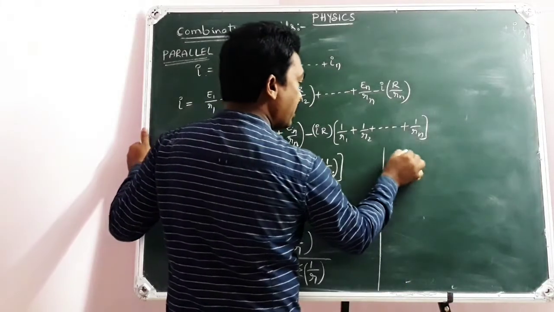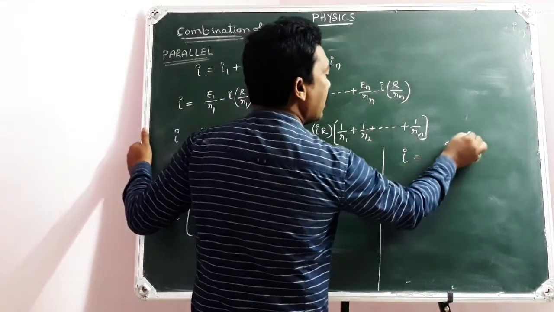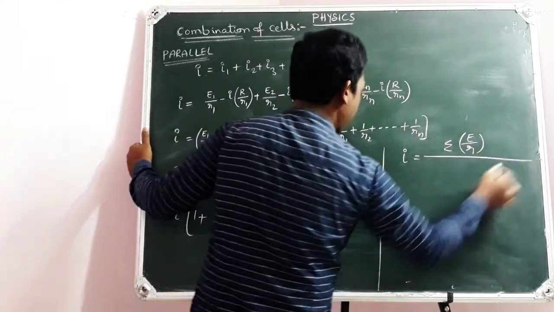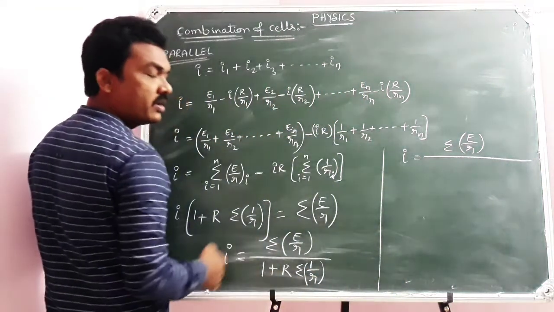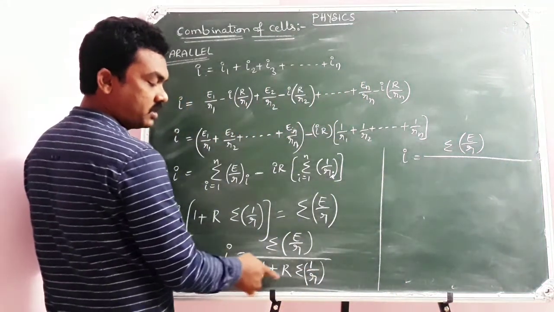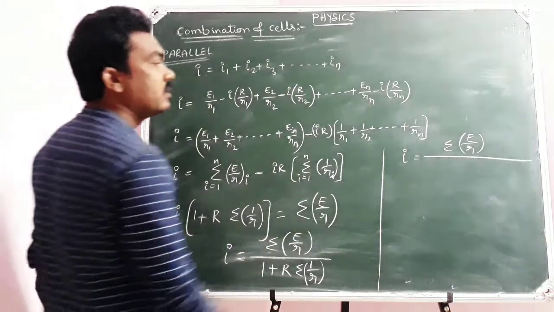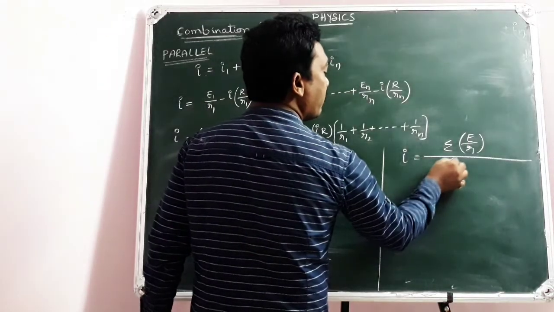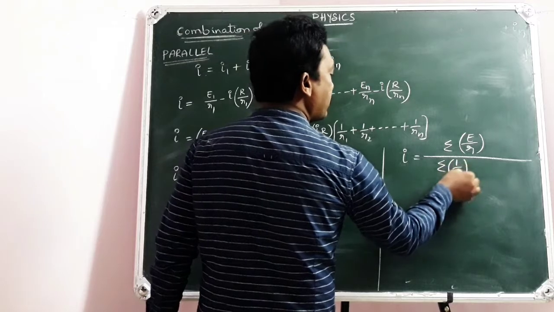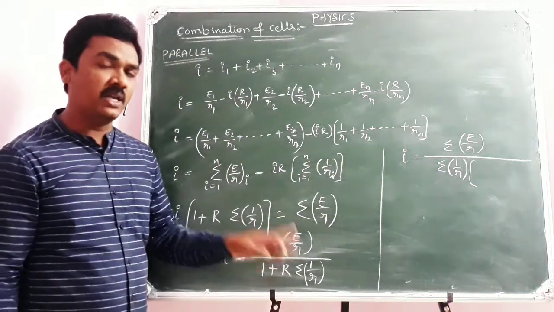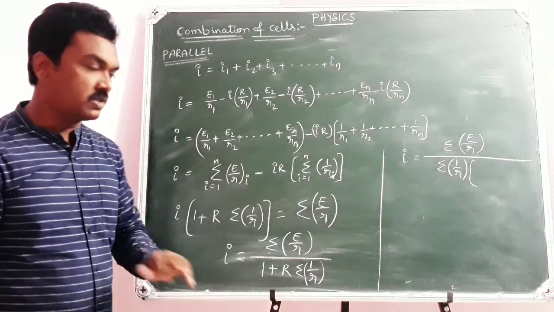I am going to rewrite this equation in the next step. Here, I equal to sigma of E by R divided by, in the denominator, let me take sigma of 1 by R as the common term. You may get a doubt, sir, why take sigma of 1 by R common? You will come to know, just wait.